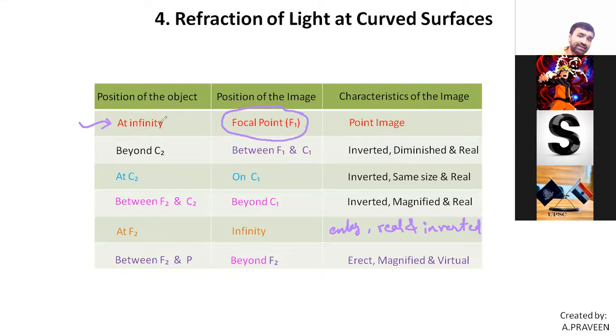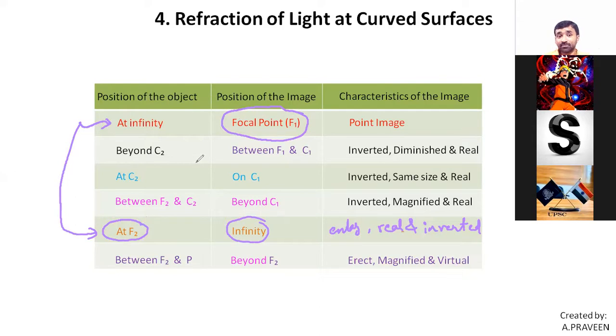So object at infinity, image at focus. If the object is at focus, the image is brought to infinity. They are interlinked or not? If object at infinity, image at focus. If object at focus, image will be at infinity. So opposite. Is it clear why I maintain these combinations?